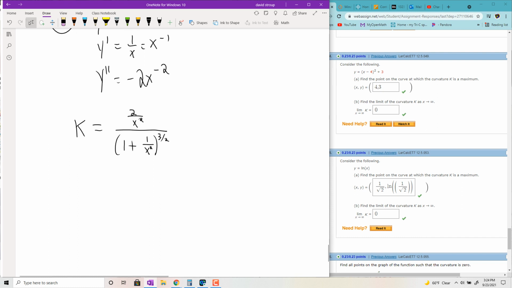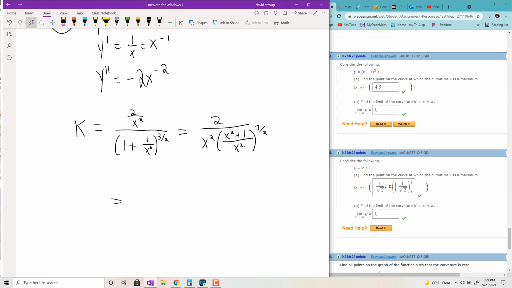Okay. So rewriting this a little bit, it would be 2 all over x squared times, and we could probably rewrite this a little, x squared plus, finding a common denominator, 1 all over x squared to the 3 halves.